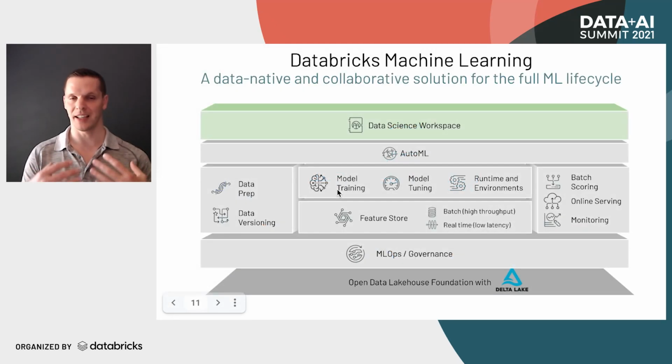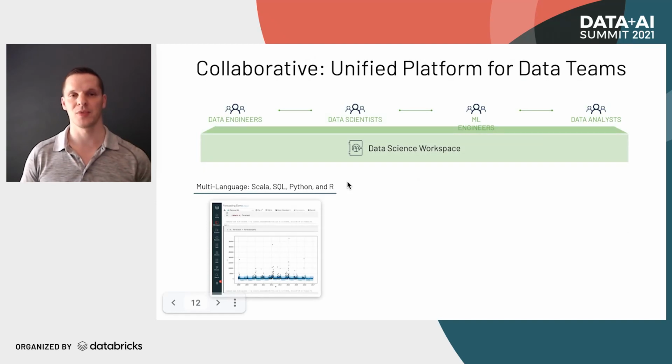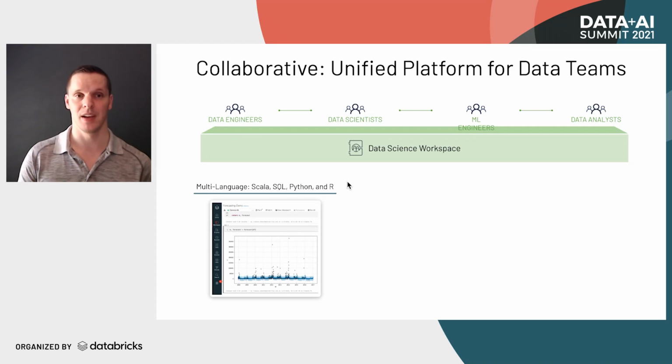So jumping out of the data aspect to the data science workspace that makes Databricks machine learning collaborative. One of the most important parts of building a product for every member of the data team is providing multi-language support. Databricks notebooks provide support for Scala, SQL, Python, and R, all within the same notebook.